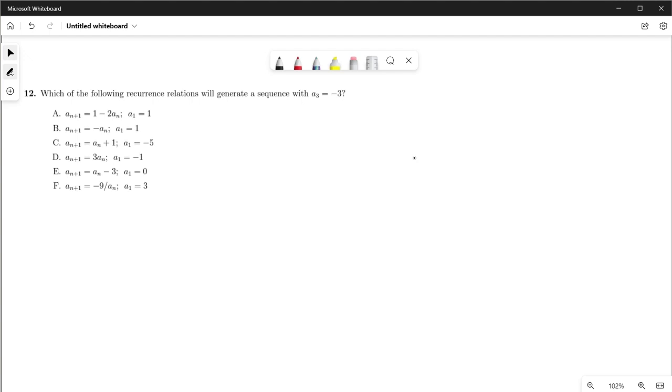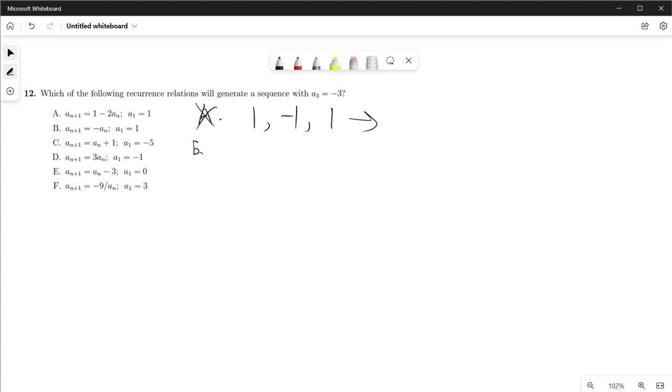Starting from A, our first term is 1, and the next term is 1 minus 2 times the last term, which will be -1, and then the third term would be 1 minus 2 times -1, which would be just 1. It will just oscillate between 1 and -1. So this is not it because the third term is not -3.